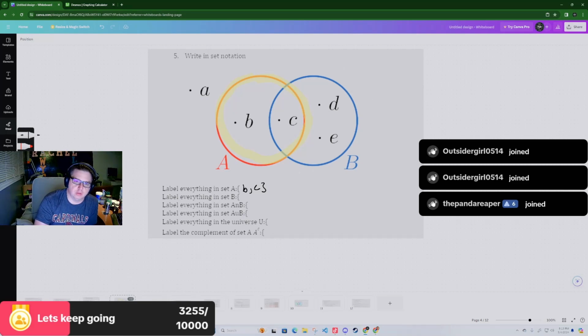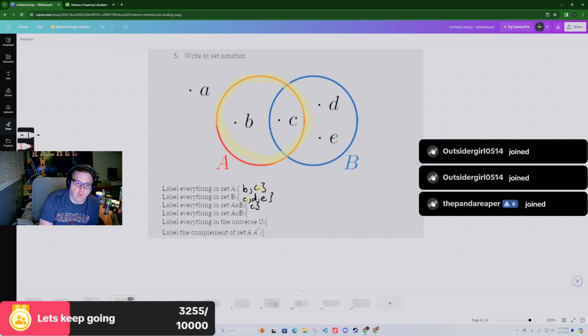Everything in B, we would do the same thing over here, and that would be C, D, and E. Now, label everything in set A and in B. So now we're looking for things that are the same in set A and in set B. And the only thing that is there is C. That's the only thing they both have in common.